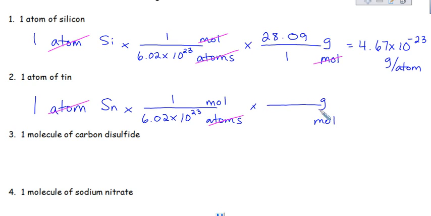The molar mass of tin on my periodic table is 118.71, and that molar mass is for 1 mole. Moles and moles would cancel. I plug it in my calculator. 1 divided by 6.02 times 10 to the 23rd times 118.71. And again, my math is small. Maybe like 1.97 times 10 to the negative 22nd.